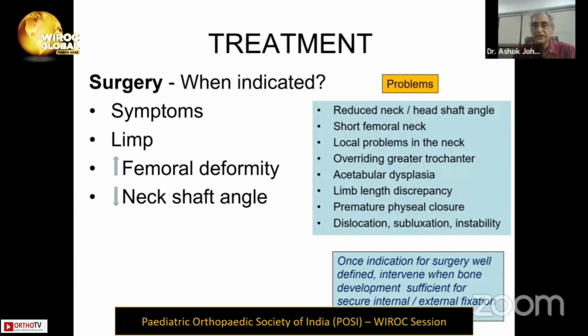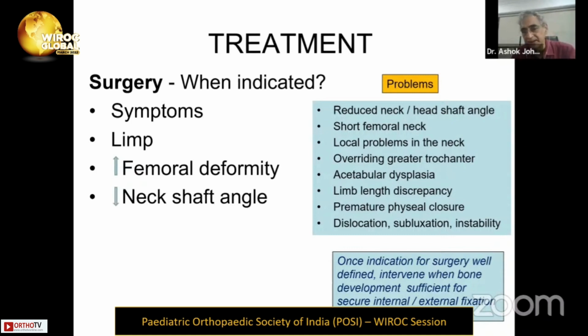So you have a reduced neck shaft or head shaft angle, which means the coxa vara is progressive, short femoral neck, overriding greater trochanter, local problems in the neck like a pseudarthrosis, an acetabular dysplasia, limb length discrepancy, premature physeal closure, dislocation, subluxation, for example. All of these cases will require management.